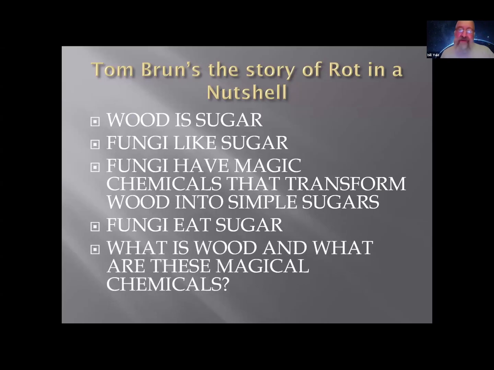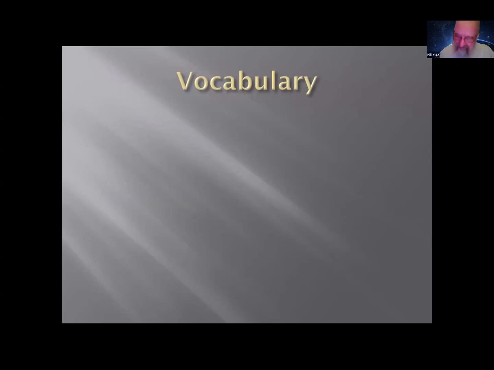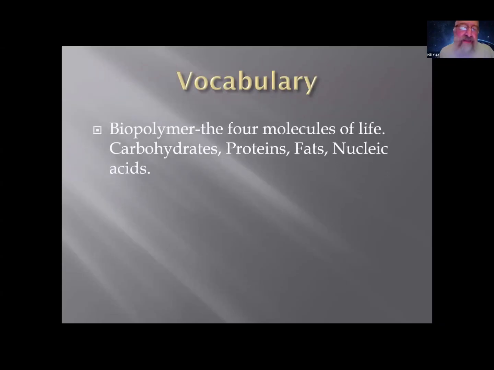And so what I want to do is talk just for a minute about what wood is and what those magic chemicals are. So, a little bit of vocabulary, don't worry about this, but the four molecules of life: all life is made of these categories of organic molecules: carbohydrates, proteins, fats, and nucleic acids.